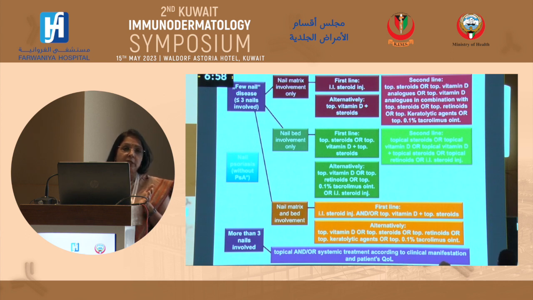I give intramatricial injections left and right even when 8 or 9 nails are involved. If more nails are involved, then you can go for second line treatments or systemic therapy.